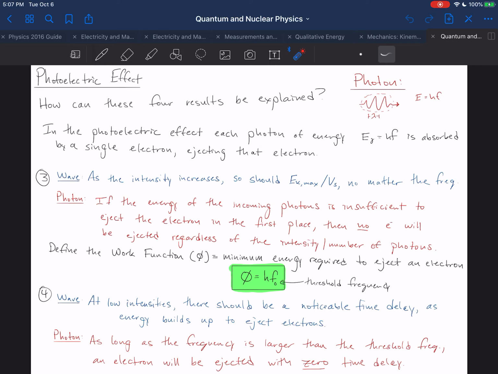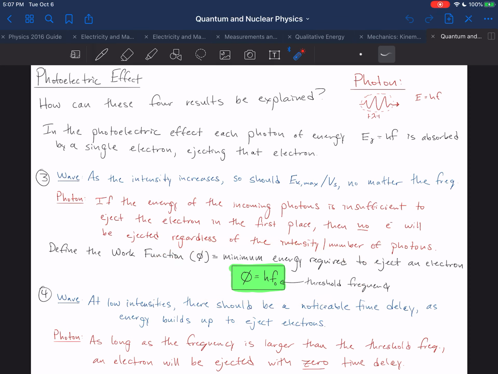So how much energy is required from a single incoming photon to eject the electron from the metal? That's known as the work function, and it depends on the metal. Notice that the work function is therefore equal to h times the threshold frequency, that limiting frequency below which you get no photoelectrons at all. So that's the work function.